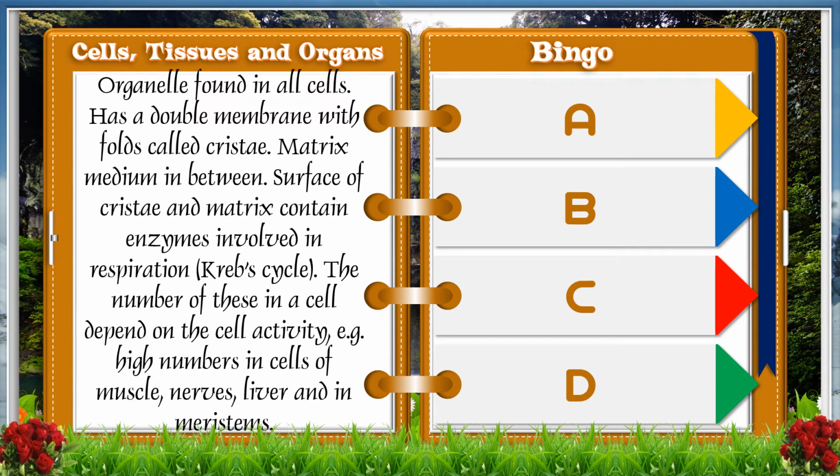The number of these in a cell depends on the cell activity, for example, high numbers in cells of muscles, nerves, liver, and in meristems.